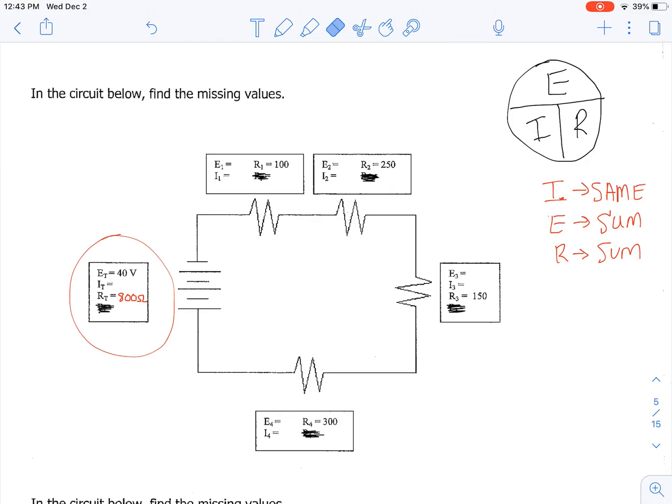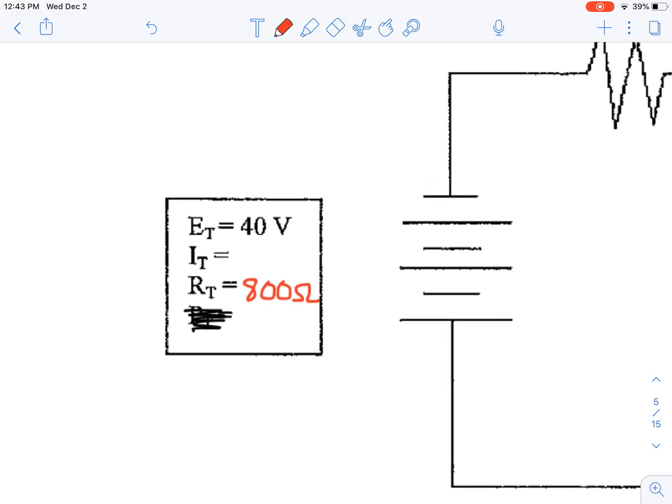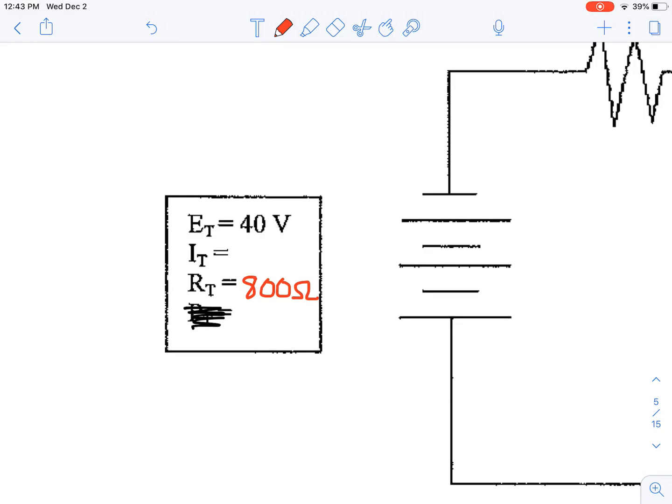If I'm going to find I, cover up I. And that'll tell me that I'm going to take E divided by R. So here, E divided by R means that I take 40 divided by 800. And I get my I value is 0.05 amps.